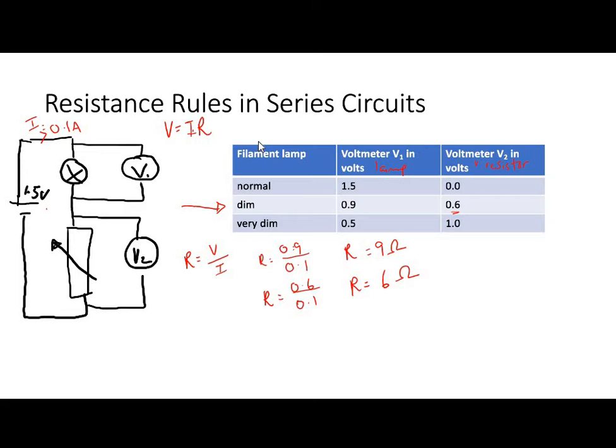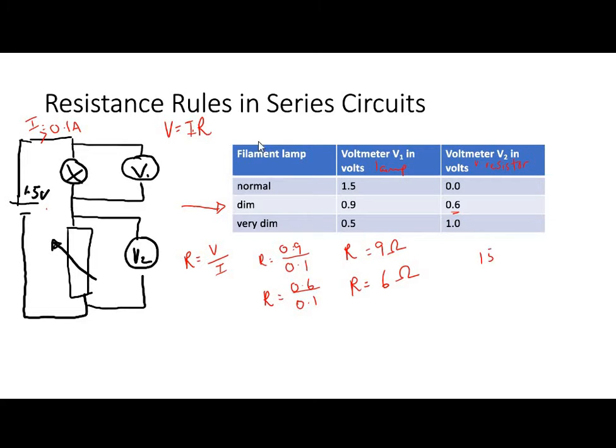So what we can see is that the total resistance is going to be these combined. If we took the bulb and the variable resistor out and replaced them with a single resistor, in order to maintain that same current with that potential difference, that resistor would need to have a resistance of 15 ohms.